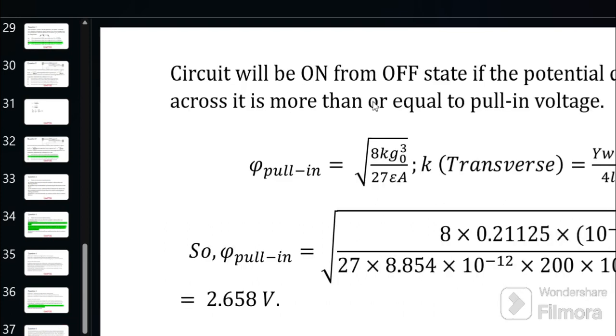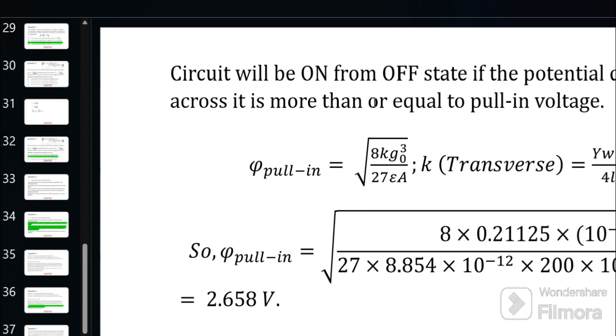So again, this is a pull-in voltage equation question. So here we have to use the pull-in voltage equation, but we need to find the effective K, the effective stiffness of the beam.